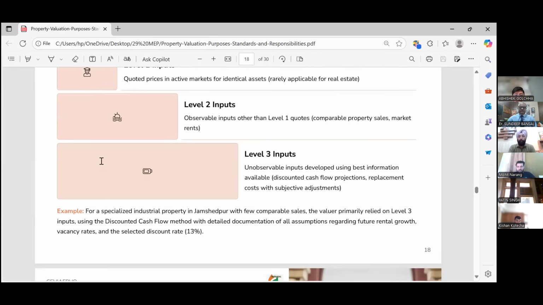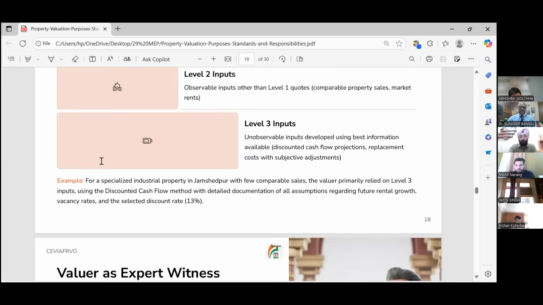For example, for a specialized industrial property in Jamshedpur with few comparable sales, the valuer primarily relied on level 3 input, using the discounted cash flow method with detailed documentation of all assumptions regarding future rental growth, vacancy rate, and selected discount rate, which was 13%.